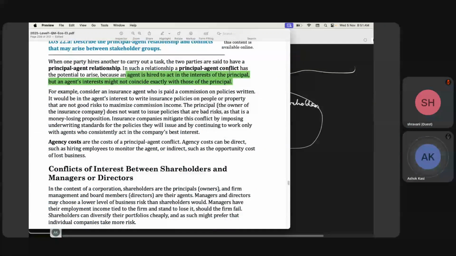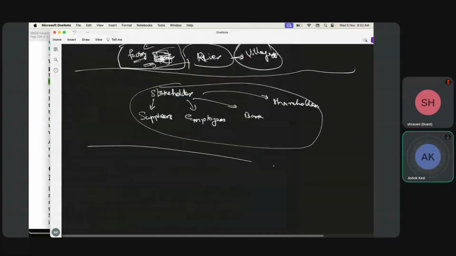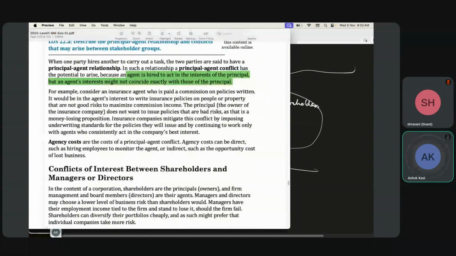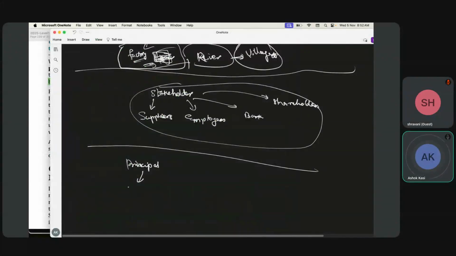Now, principal agent relationship is, again, shareholders theory only. Principal agent relationship means principal means shareholders here, and agent means managers.